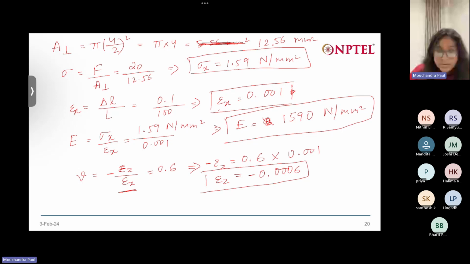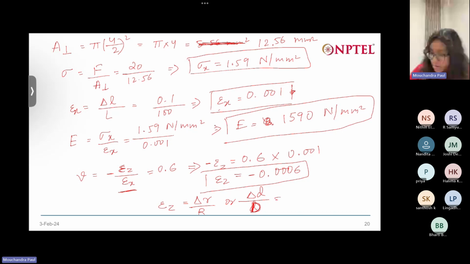Now from this, we can calculate the change in diameter or change in radius. How will we do that? The strain in the radial direction we can define as delta R by capital R, or we can write delta D by capital D. It is better to use the same convention of definition.